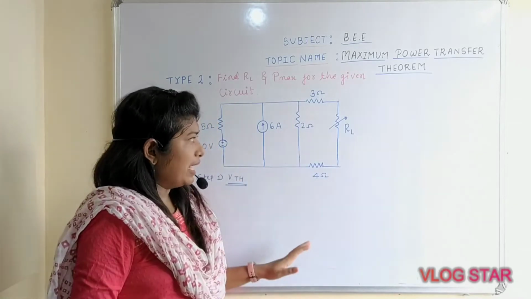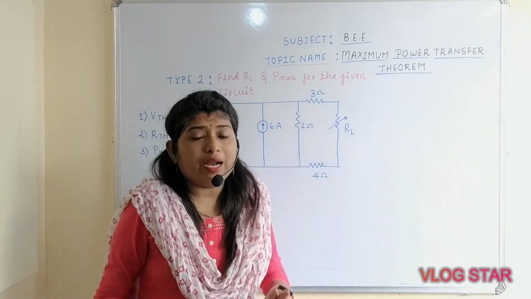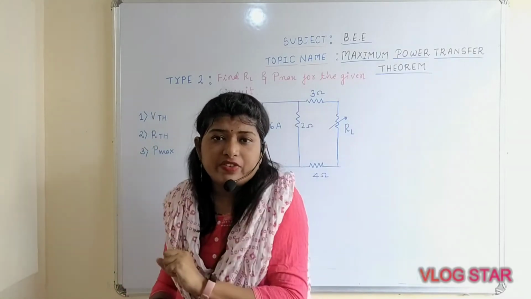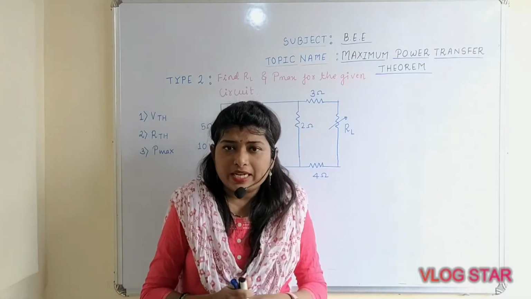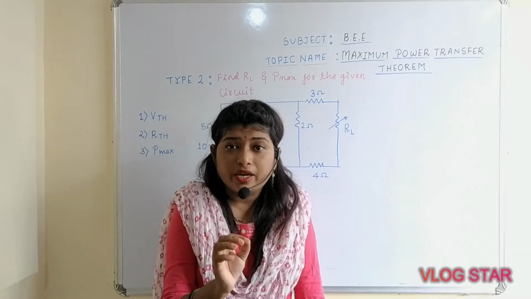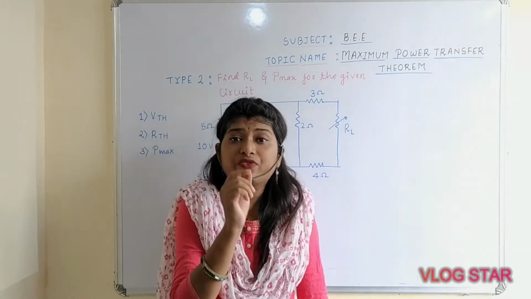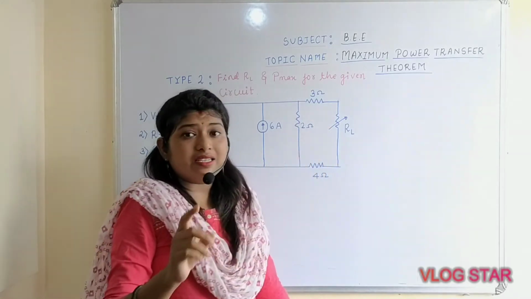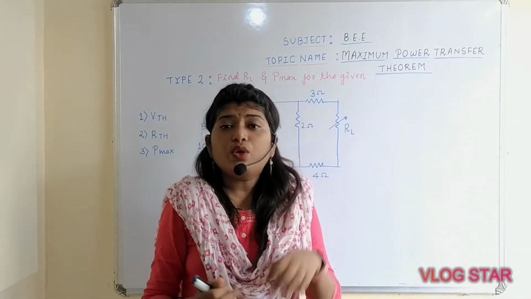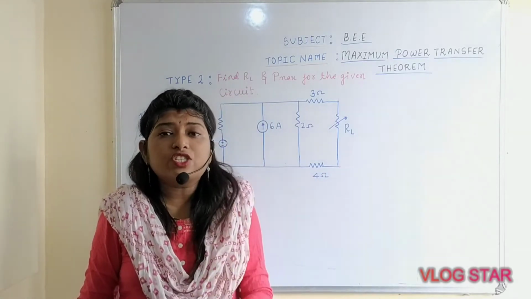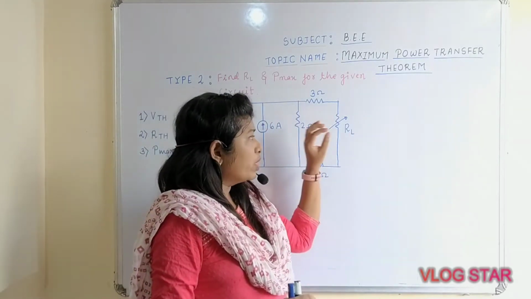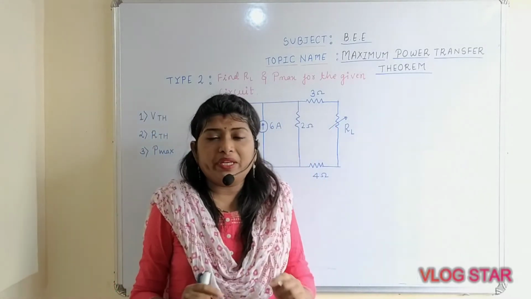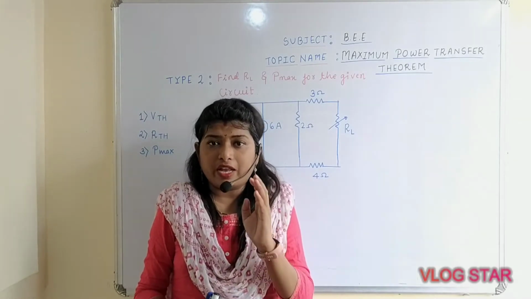So in this particular case, as you know, what is the basic difference between Thevenin's equivalent circuit and the maximum power transfer theorem? In case of Thevenin's equivalent circuit, the load resistor is constant, or we can say the load resistor is fixed, while in case of the maximum power transfer theorem, the load resistor is a variable load resistor. So to calculate VTH, the first procedure you need to follow is to replace the load resistor by an open terminal, and across that open terminal you have to calculate Thevenin's equivalent voltage.